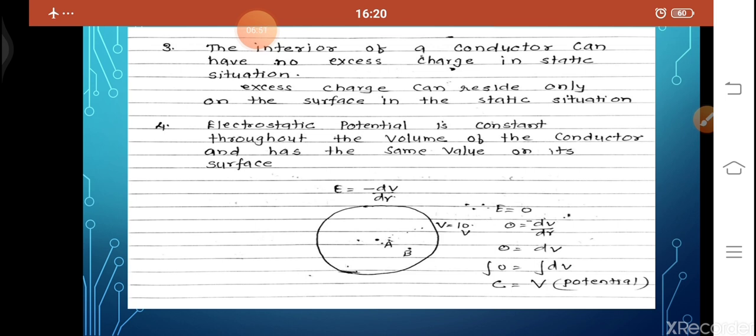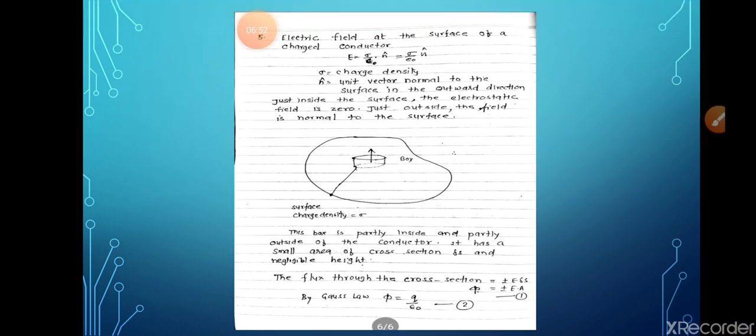Then we have another property. The electric field at the surface of a charged conductor is E equal to sigma upon epsilon 0 n cap, where sigma is the charge density and n cap is the unit vector normal to the surface in the outward direction.